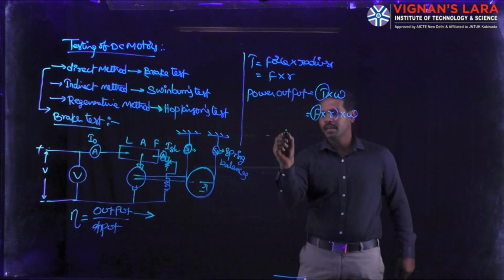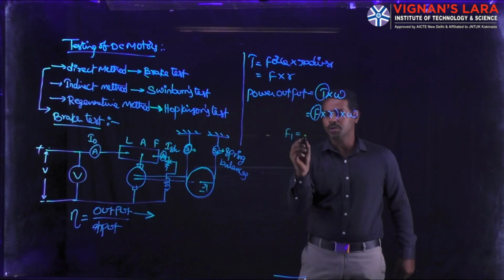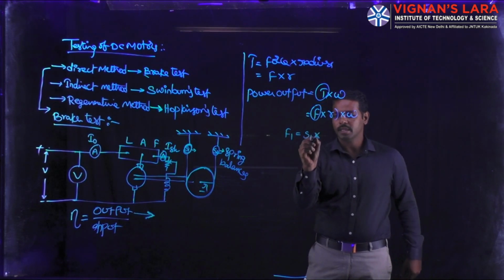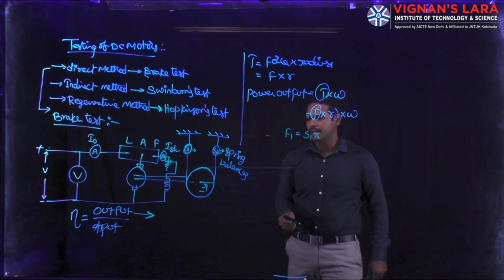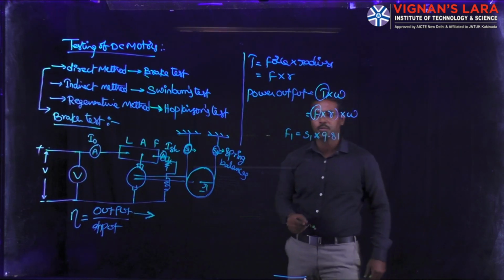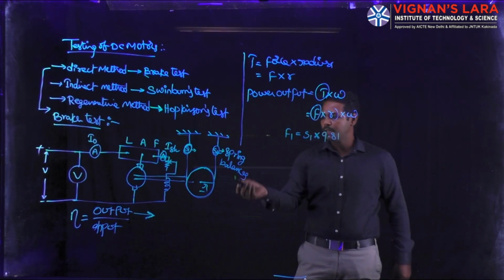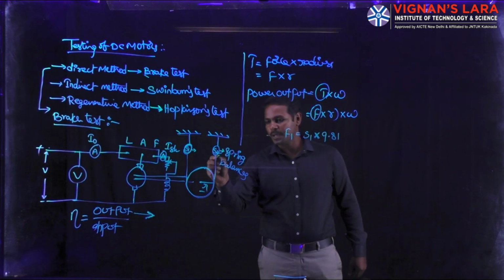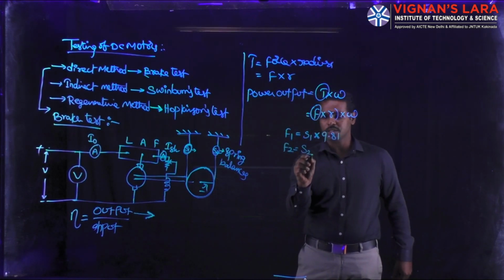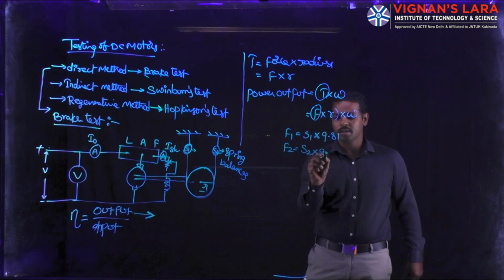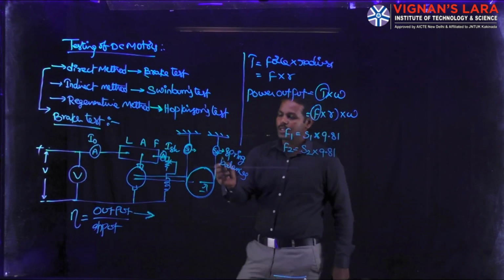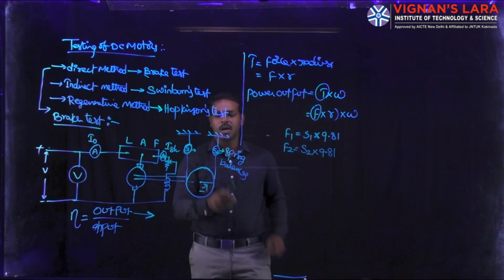So F1 is equal to S1 multiplied with acceleration due to gravity, which is 9.81. Another force is also experienced by the spring balance, F2 is equal to S2 multiplied with 9.81. These two spring balances are always in opposite directions.